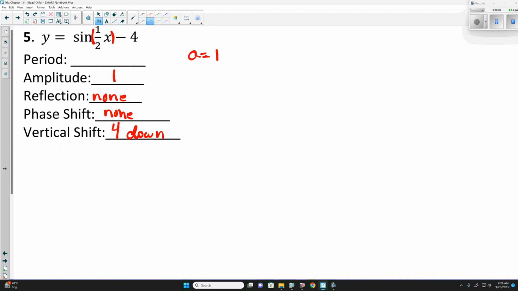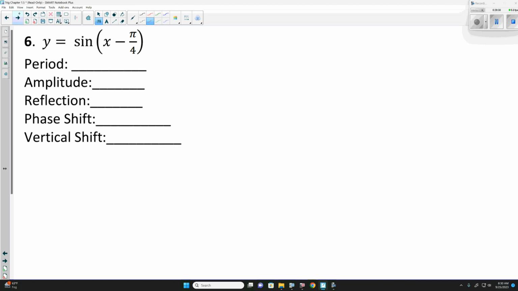Now there is a 1/2, but it's not associated with a, it's actually associated with b. And that's a part of our period, because we're saying 2 pi over b, or 2 pi over 1/2, which is 4 pi. And that's it. Questions on this here? We're ready for the next one.